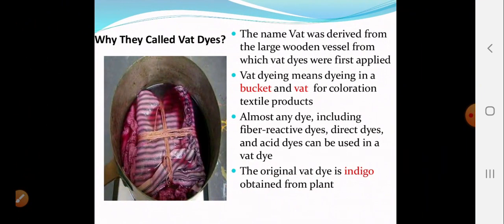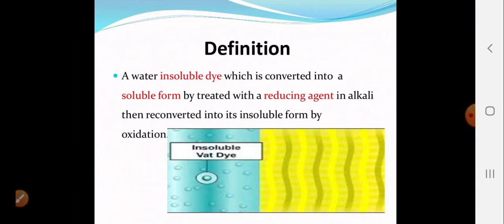After that, oxidation is done to bring it to its original form, that is the water insoluble form. The colorless compounds are used to impregnate the cotton fibers, and they are then treated with oxidant or exposed to air to develop the colors.